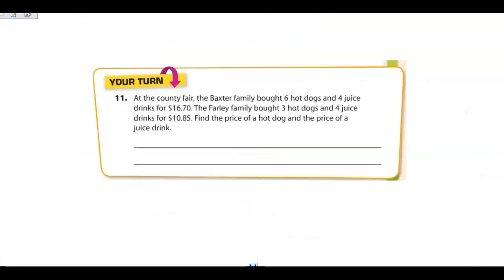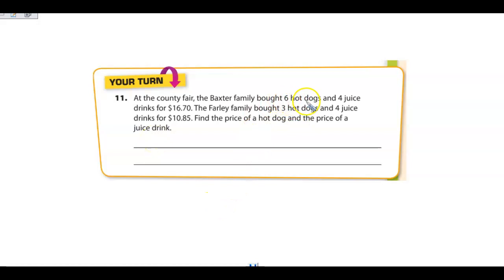Okay. At the county fair, the Baxter family bought 6 hot dogs and 4 juice drinks for $16.70. The Farley family bought 3 hot dogs and 4 juice drinks for a total of $10.85. Find the price of a hot dog and the price of a juice drink.